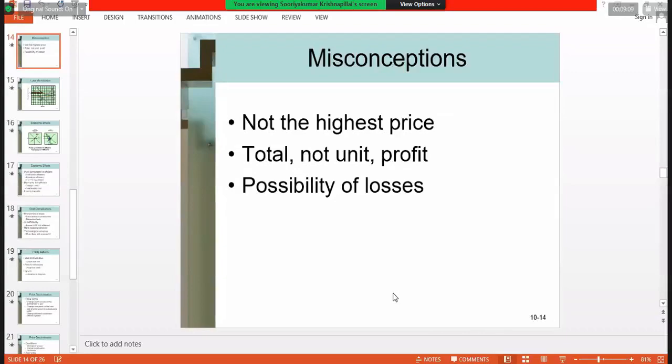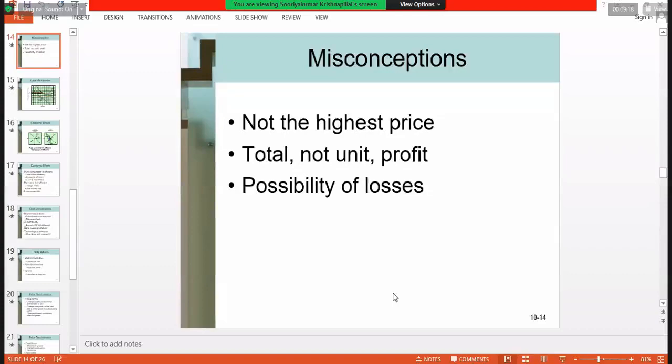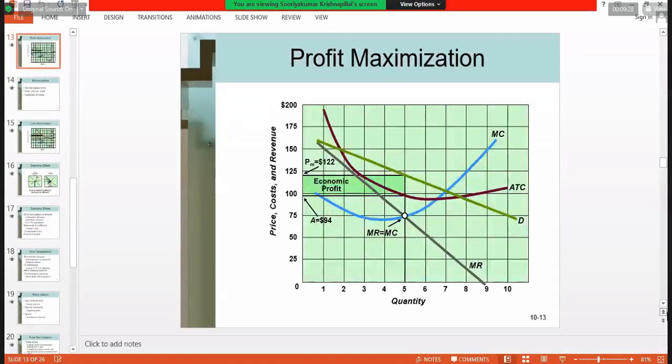Now we are studying the monopoly market, a single producer, single seller. Here we studied the level of output that gives maximum profit when marginal revenue equals marginal cost.